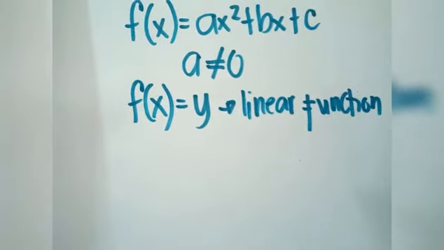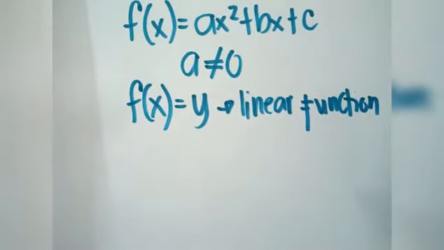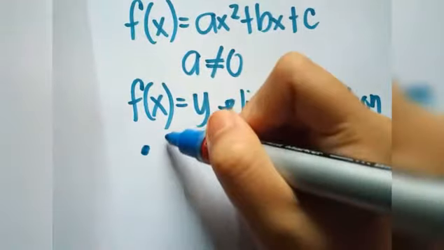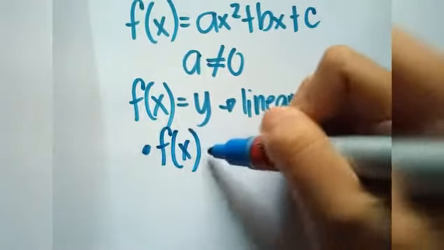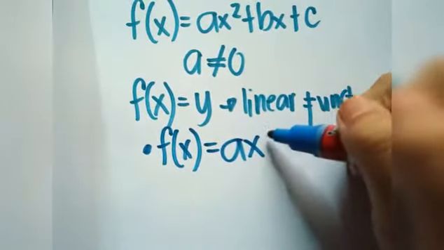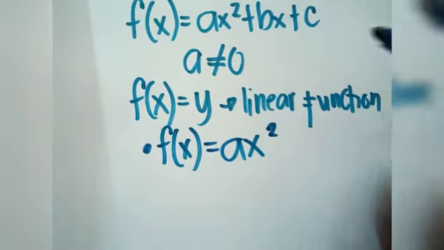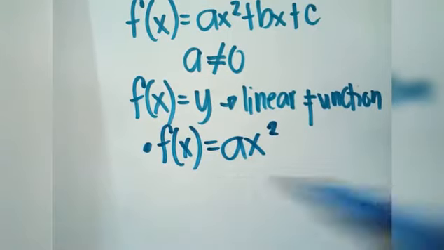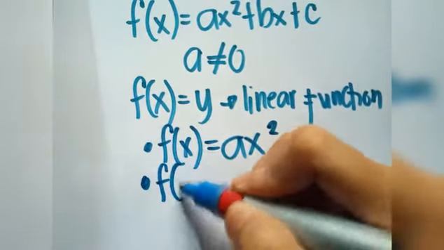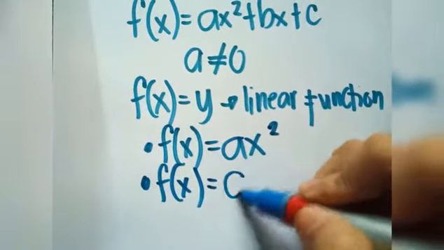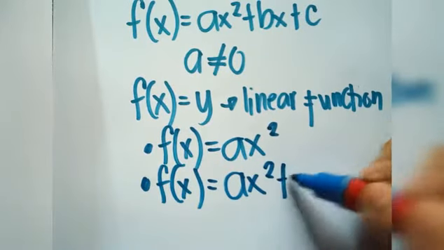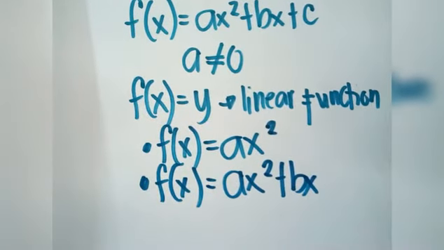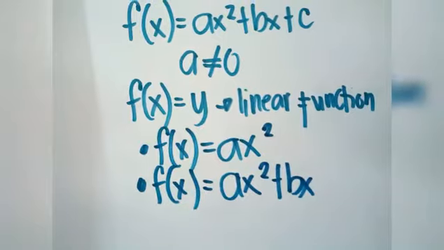There are different forms of quadratic functions. First is we have f of x is equal to ax squared, where b and c are equal to 0. Then we also have f of x is equal to ax squared plus bx, where c is equal to 0.